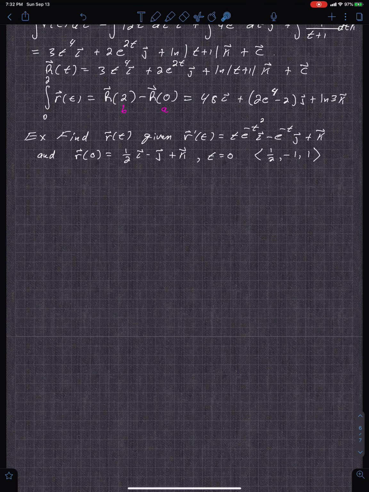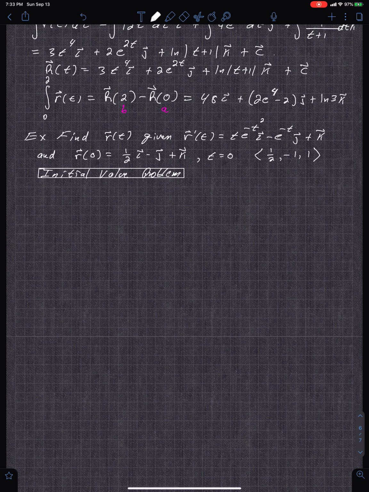This is usually called an initial value problem, and it gives us a way to find the exact solution to the equation. Because you get that plus c, and then we'll be able to solve, given this, to find that c. So that's why we do this.